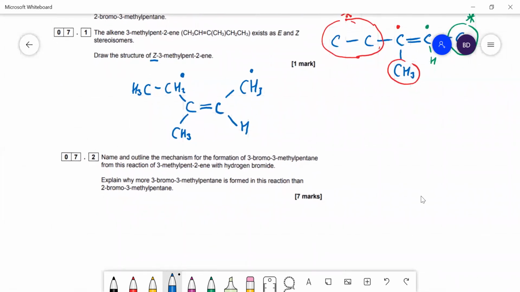Name and outline a reaction mechanism for the formation of 3-bromo-3-methyl-pentane from the reaction of the alkene with hydrogen bromide. Okay, so this is a big question.